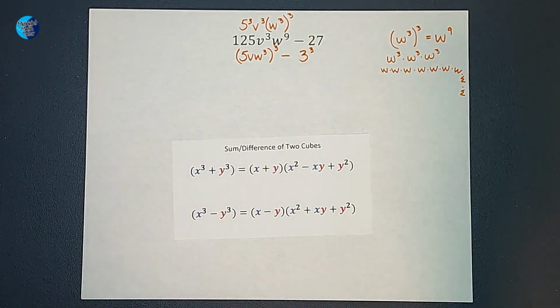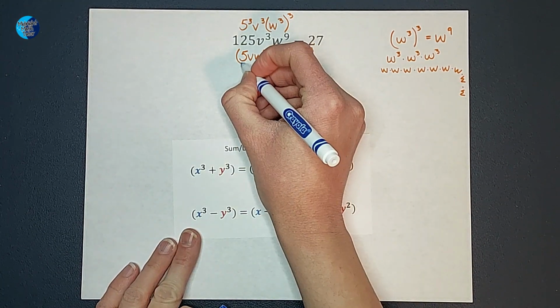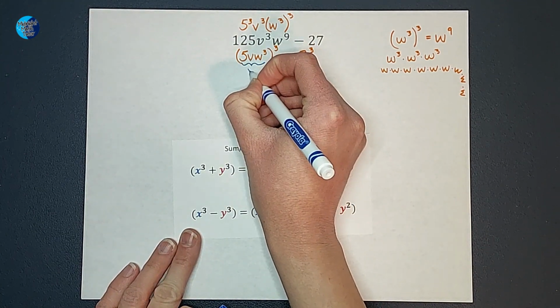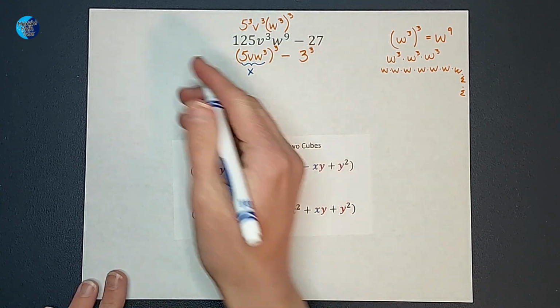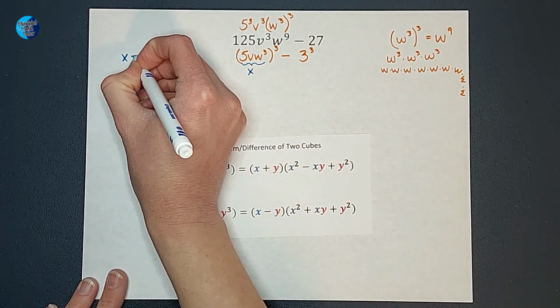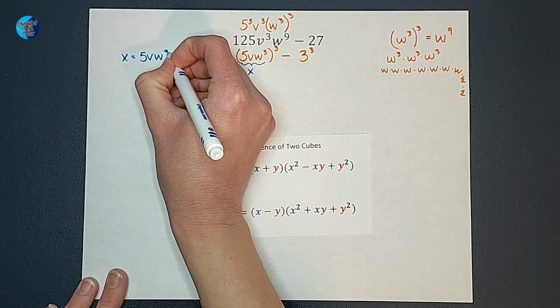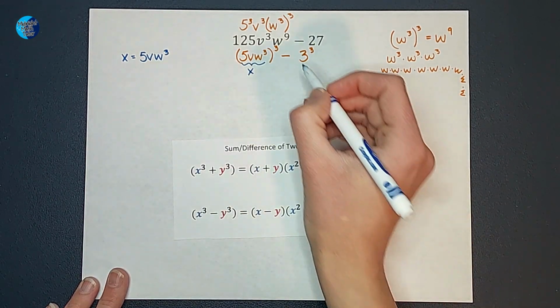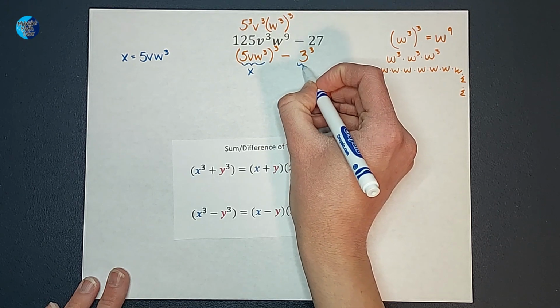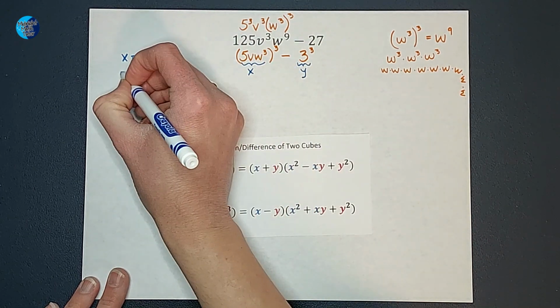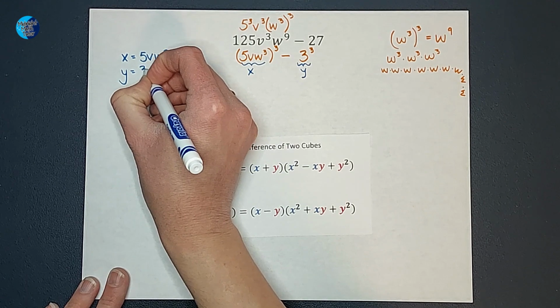So in this case, my x is 5vw cubed. I'm going to write that over here. So x is 5vw cubed. All right. And y is just 3. All right. Y equals 3.